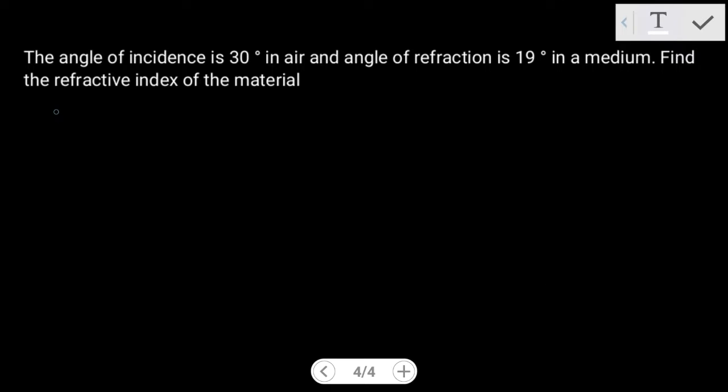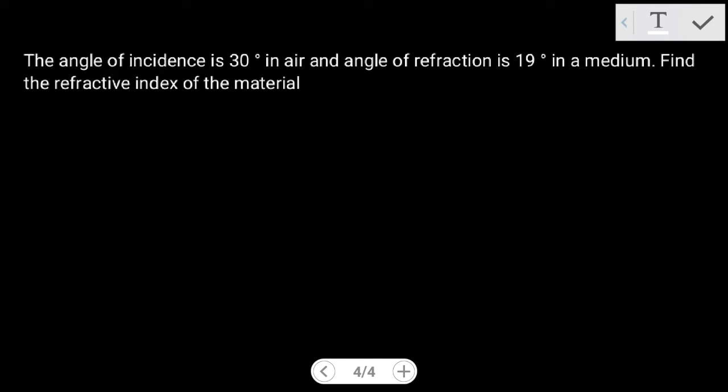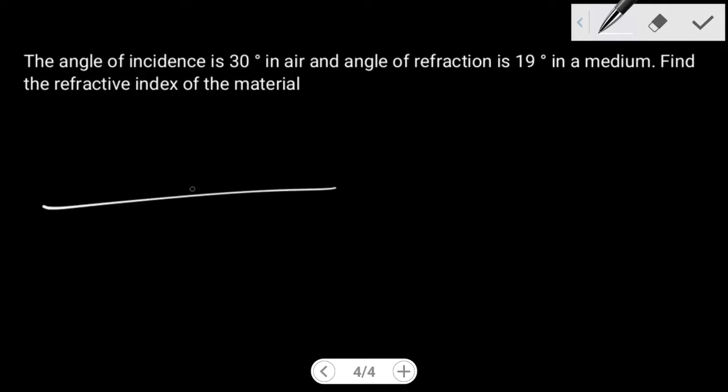For this example, the angle of incidence is 30 degrees in air and the angle of refraction is 19 degrees in the medium. Find the refractive index of the material. Let me have an illustration. The angle of incidence is 30 degrees, then it is refracted in the material medium.